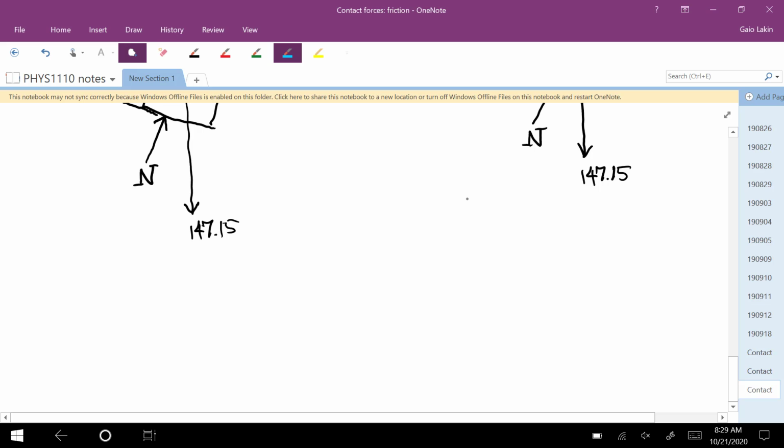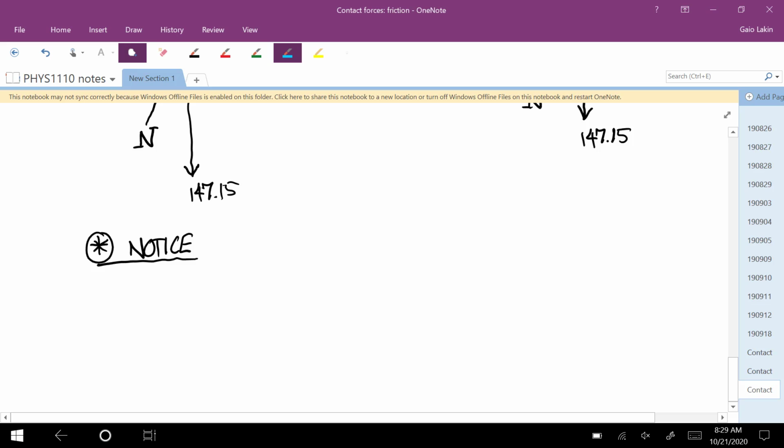There's a couple things I want you to notice about this, 2 things. The first one, like with pushing and pulling, there's sort of a Newton's third law type thing that you need to think about.